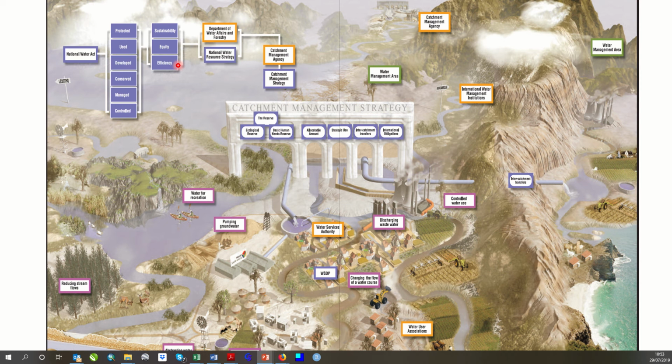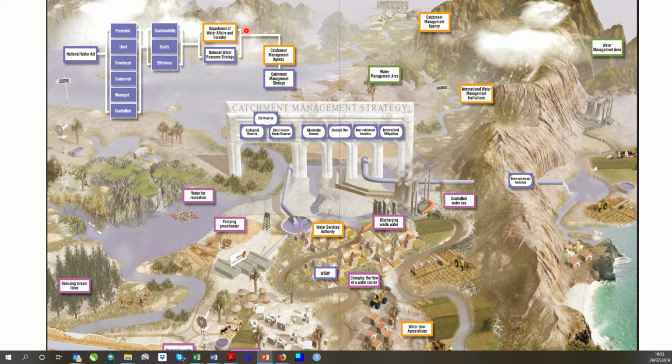Okay, so we have the Department of Water and Forestry, and now it's the Department of Water, Sanitation and Forestry. Sorry, it's got its new name, eh? But it used to be DWS, the Department of Water and Sanitation.